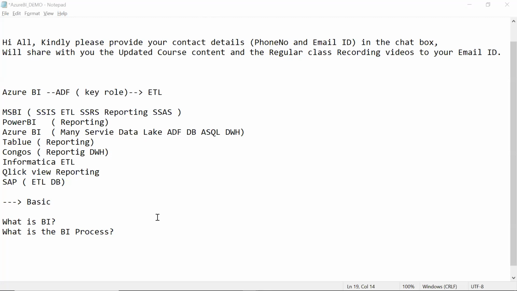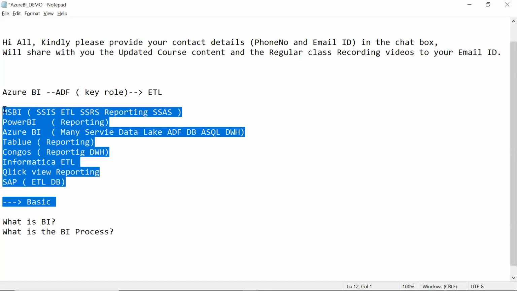If you see, many companies require BI developers, data analysts, and data analysis teams. But what do we actually do in BI? What is the help of BI? Why are companies paying lakhs of salaries? With 4 or 5 years of experience, they are paying almost 12 lakhs, 13 lakhs, 15 lakhs. But what is BI? If you don't understand BI first, there is no use in going to any tool.